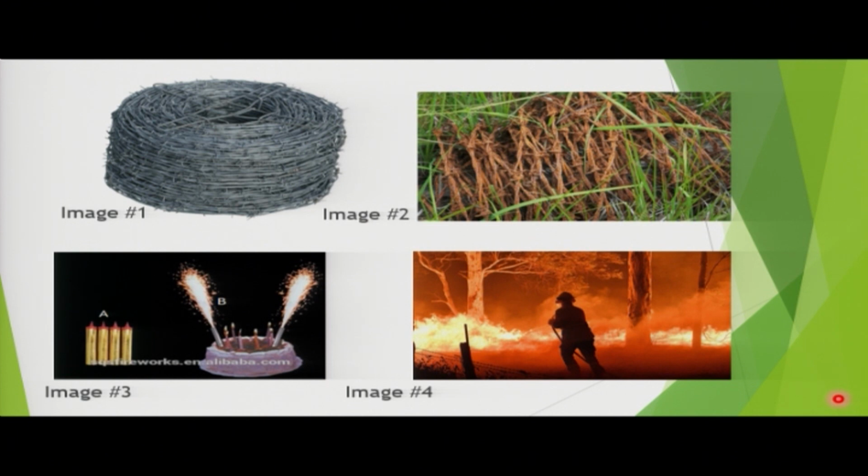Take a close look. You have a minute or 2. Take a close look and understand those images. Image 1, 2, 3, and 4. What are they? I'm waiting to hear from you. Some of us enjoy parties, don't we? Birthday parties and so on.